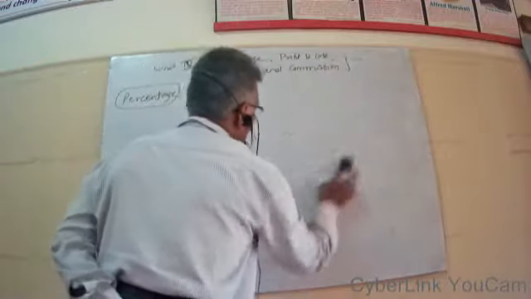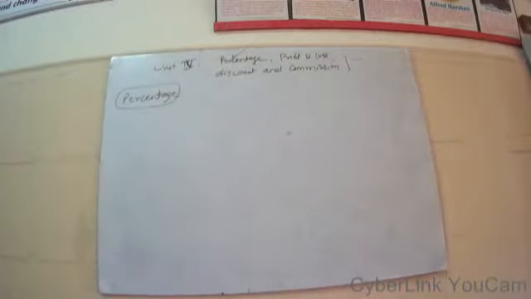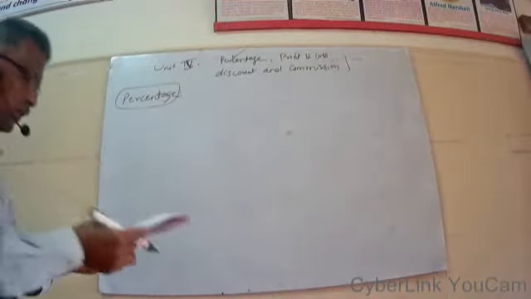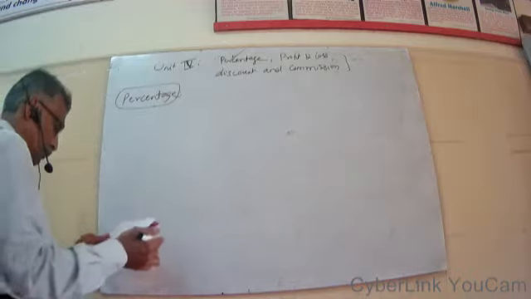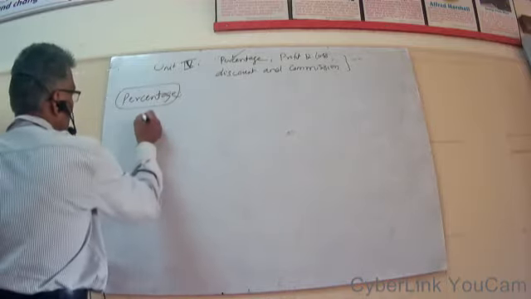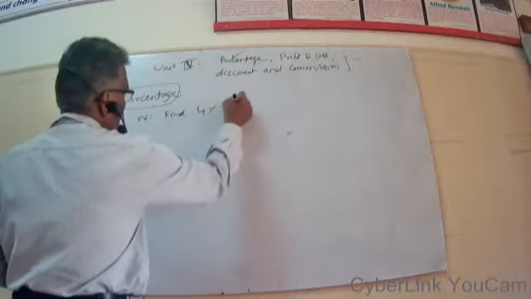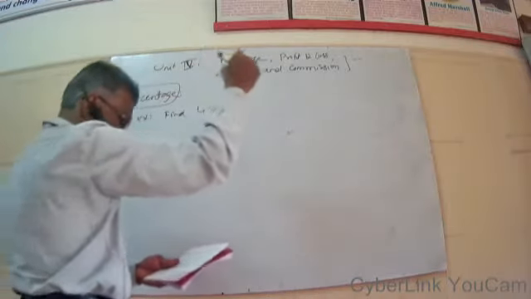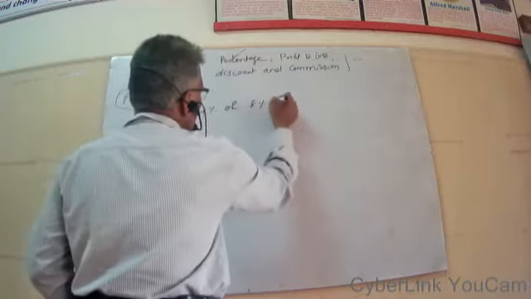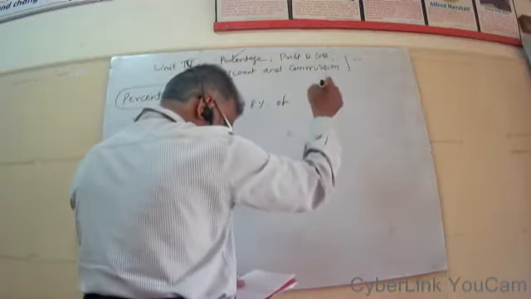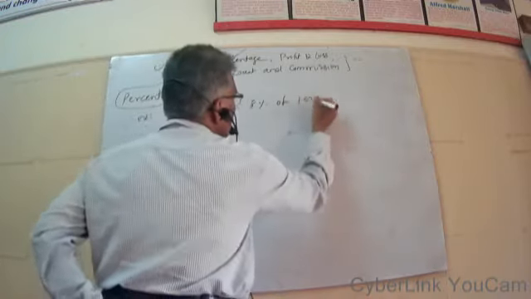It becomes more easy. So example number 1: find 4% of 8% of 1000.